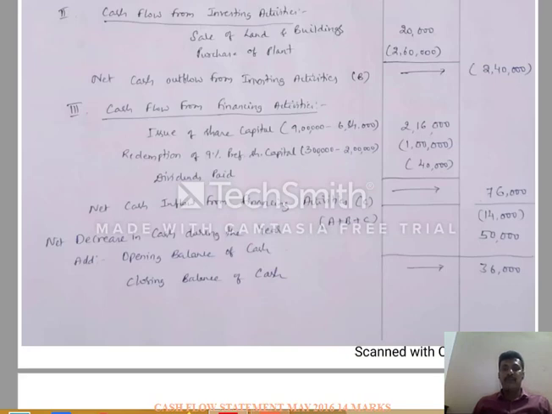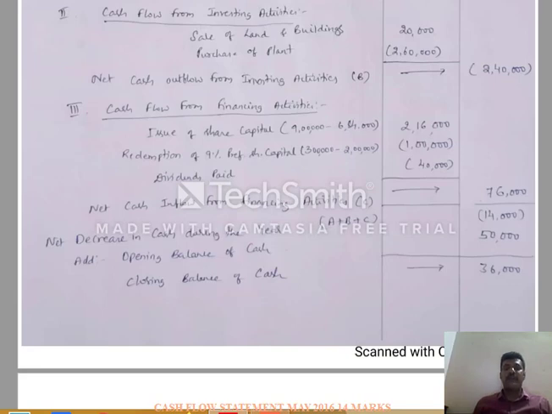In land and buildings account we have by cash account 20,000 that results in inflow of cash for the company, whereas purchase of plant results in outflow of cash from the company worth 2,60,000. The sum total of that comes to minus 2,40,000. It should be recorded within the brackets, that indicates that it is net cash outflow from investing activities.